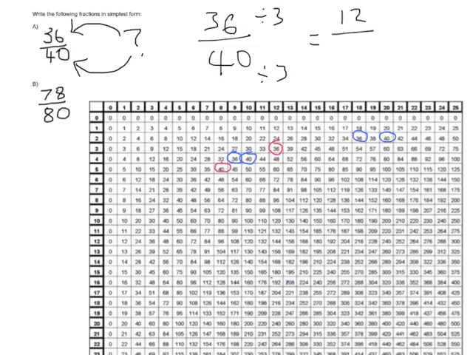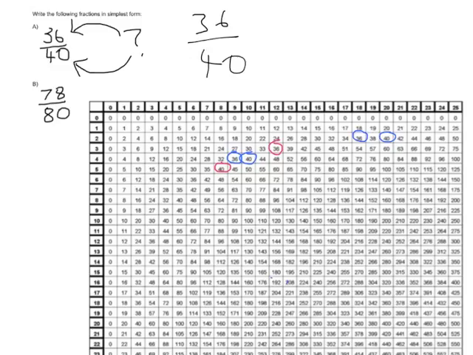Now, to prove the point, let's try the number 40 here, the one that I've marked in red. So here, 40 divided by 5 equals 8. Let's try that. So the fraction is 36 over 40, and we're going to divide the denominator by 5, and as you know, whatever you do to the denominator, you do to the numerator.